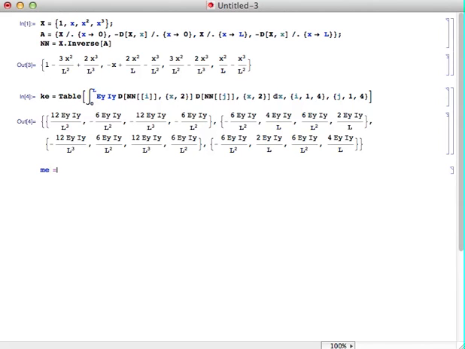So then the element mass matrix. I'm actually just going to copy that part and then just change the integrand.